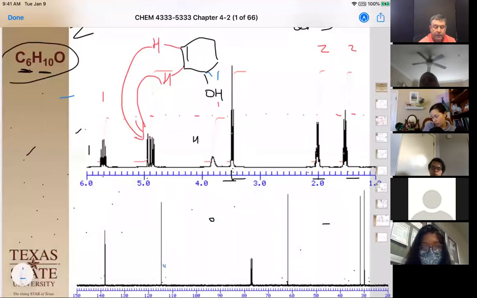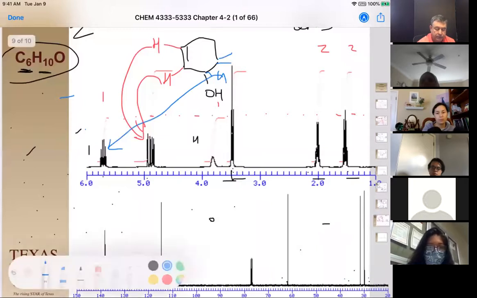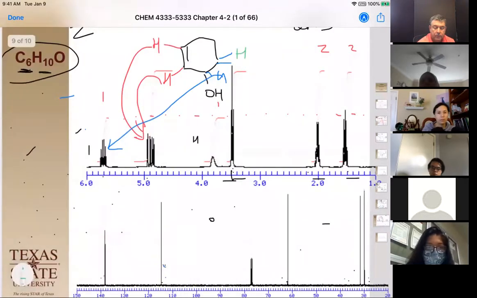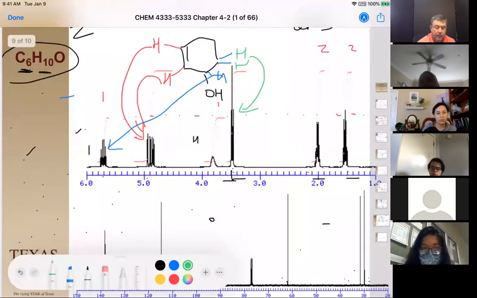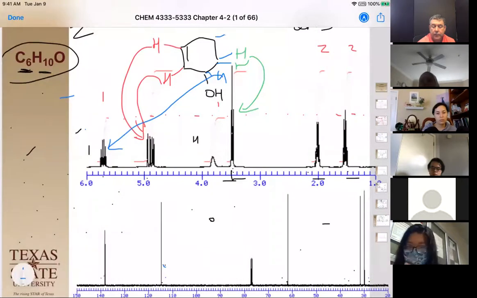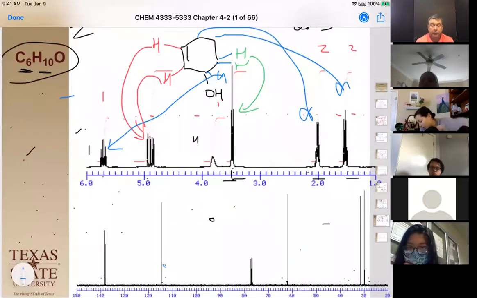We have this hydrogen here, which could be that. We have these hydrogens, which are going to be that. And then these hydrogens are probably going to be the furthest down, and then these would be next, right there. So that's where our hydrogens would be.